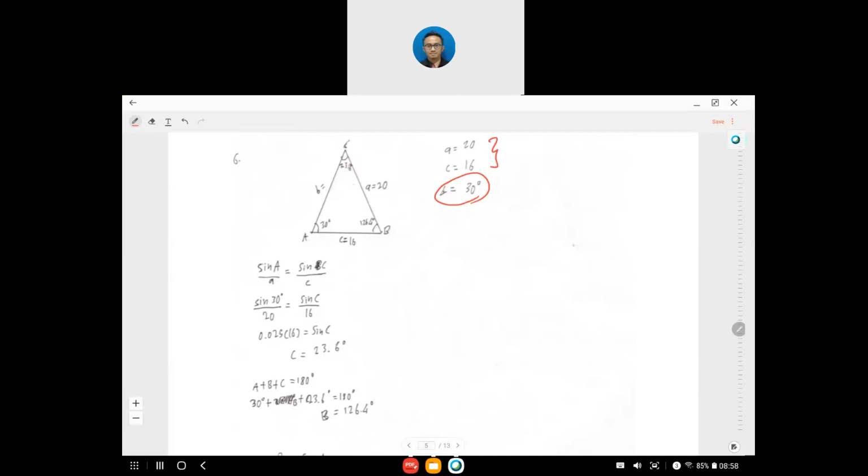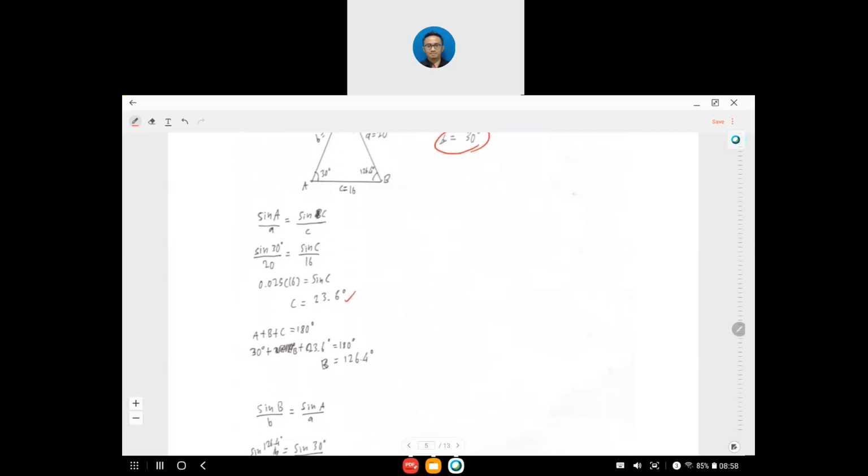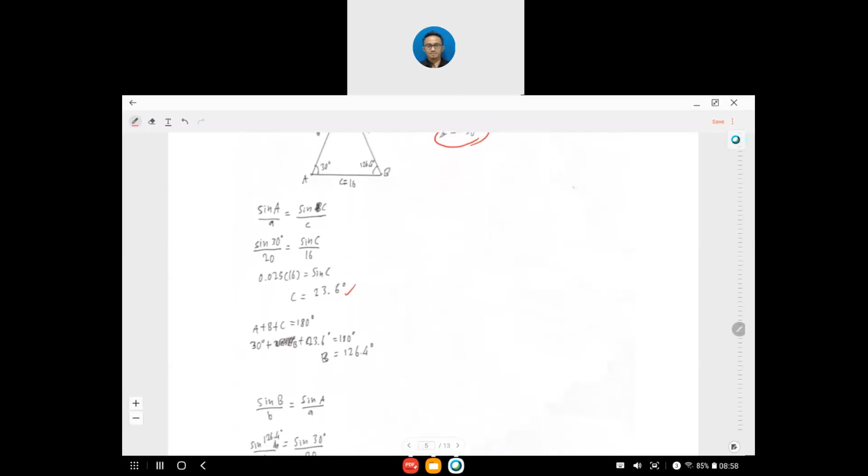Okay. So when you find by using law of sine, you can get C equal to 23.6. Okay. So this C, 23.6, we can find the reference angle for 23.6. You can get how much? Another C. Make sure this one, for example, is C1.